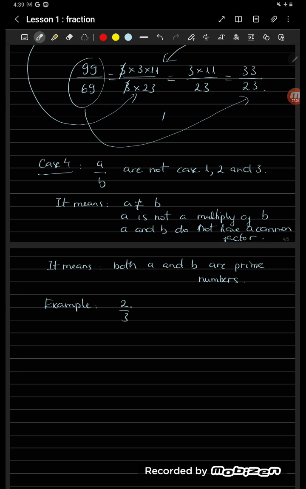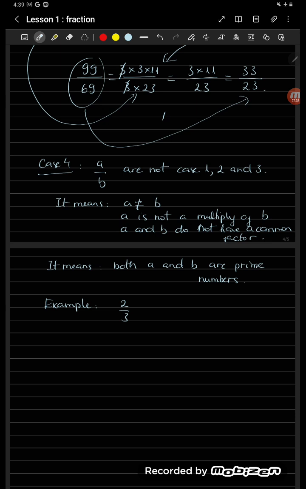No. A is a multiple of 3? No. 3 is a multiple of A? No. A and B have a common factor? No. Right? And actually, if you don't remember what is case 1 or case 2 or case 3, then just remember one thing. A and B are both prime numbers. Okay? So in this case, 2 and 3 are prime numbers.